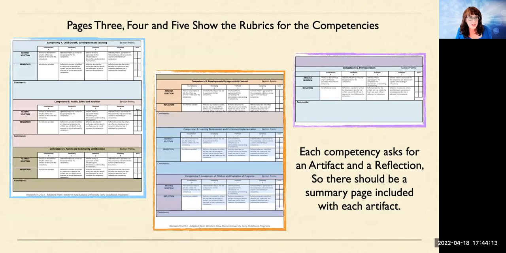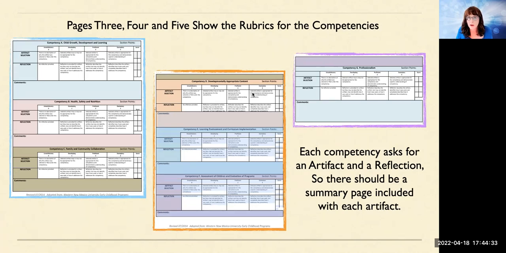So pages 3, 4, and 5 of the rubric show you the competencies. For example, let's say competency D right here in the middle, developmentally appropriate content, and it tells you what's unsatisfactory, what's developing, what's proficient, and what's exemplary.